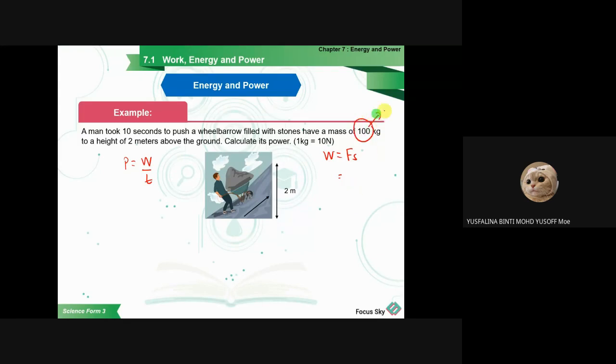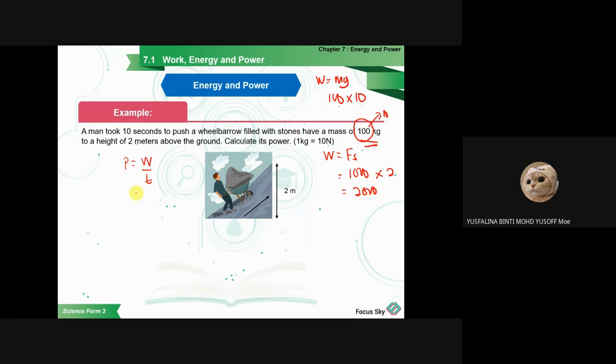So 100 times 10. You need to change the kg to Newton first. So 100 times 10, you will get 1000, right? And the distance here is 2. So you will get 2000.